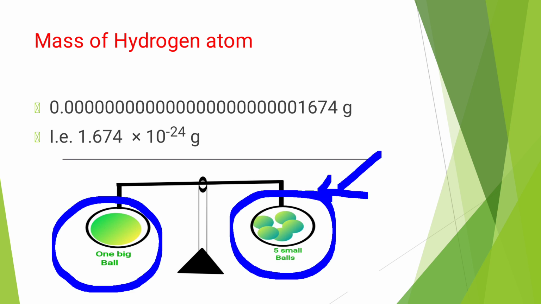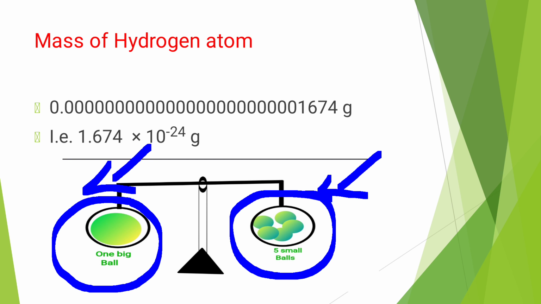Assuming that these 5 masses have the same mass, if the 5 small balls balance one big ball, then the mass of the big ball relative to that of the smaller mass is 5. That is, the relative mass of this bigger mass is actually 5. In this case, the small balls are taken to be the reference point.